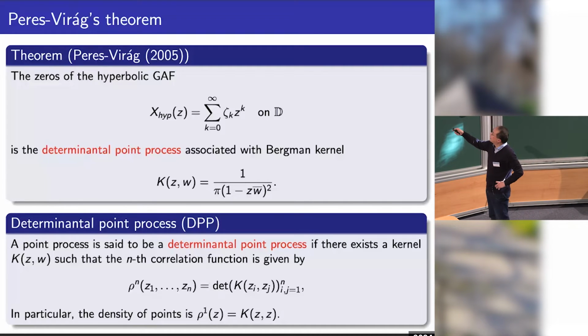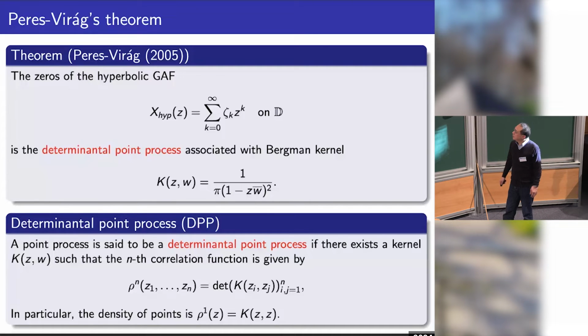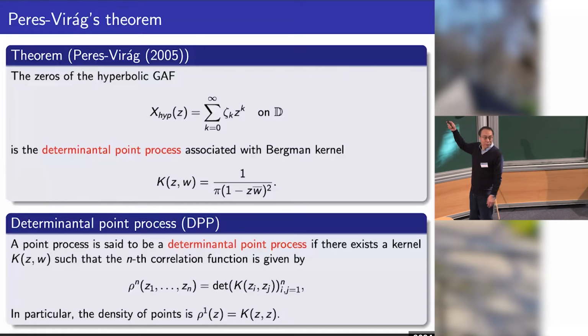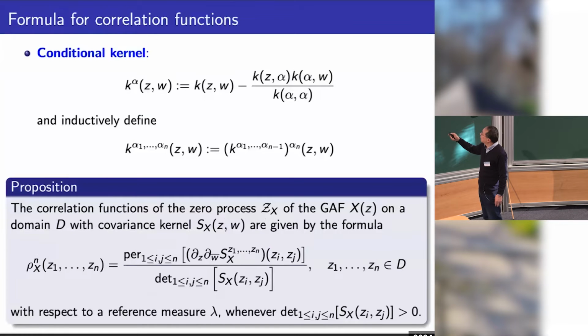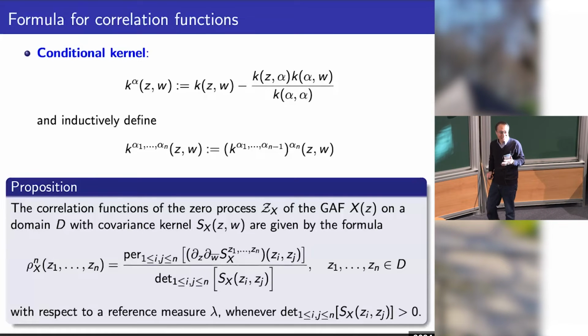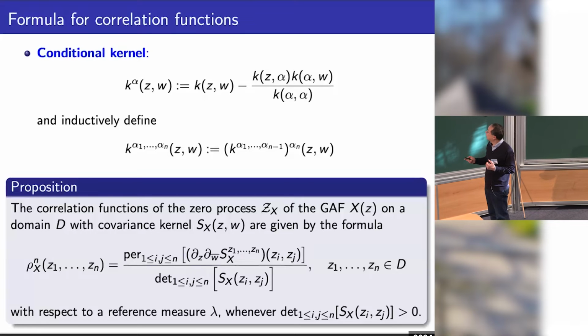Once you know this process is determinantal, almost everything you can compute. But this is kind of a miracle. Peres and Virag computed this ratio, and one of the ingredients is the Cauchy formula.